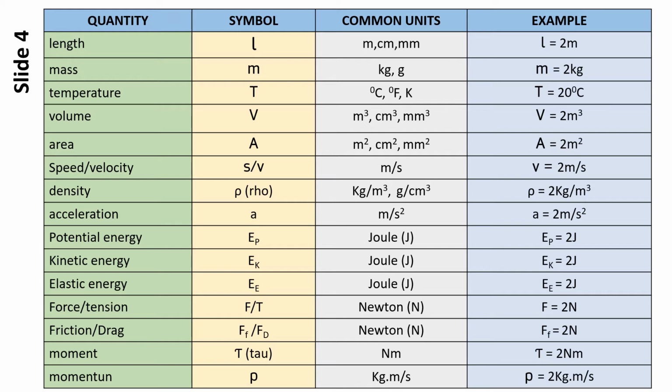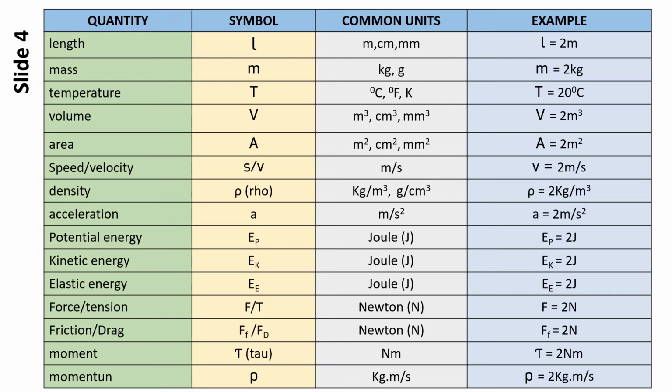Here we have 3 different types of energy, and in this case we use subscripts. For example, E sub P for potential energy, E sub K for kinetic energy, and E sub E for elastic energy. So the unit for energy is joules, represented by the uppercase J.